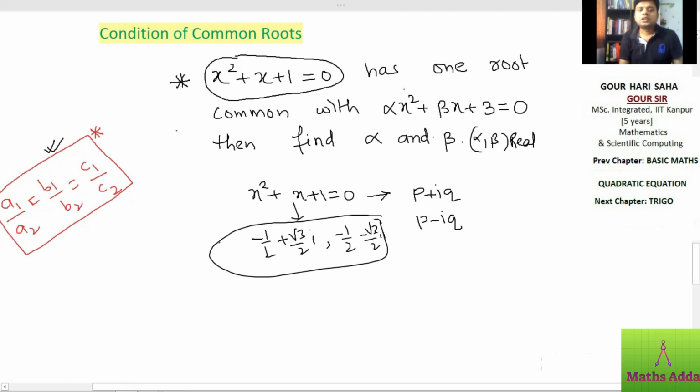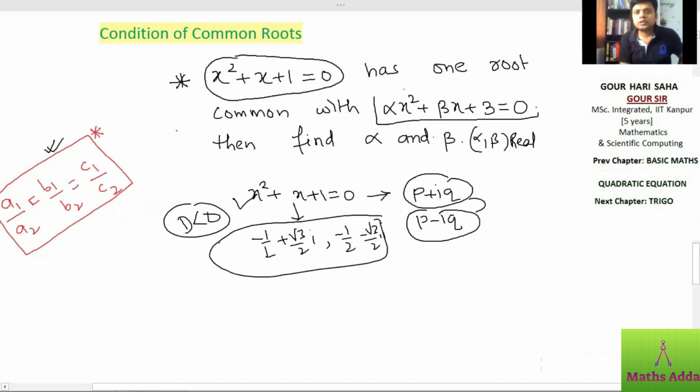I am just saying that if it has imaginary roots, because D is less than 0, one root will be p plus iq, then the other will be p minus iq, they will be conjugates. Now if p plus iq is a root of this one and I see alpha, beta are real, this means p minus iq will also be a root, because we know if p plus iq is a root of this equation, its conjugate is also a root. This means actually not one root but both the roots are common.